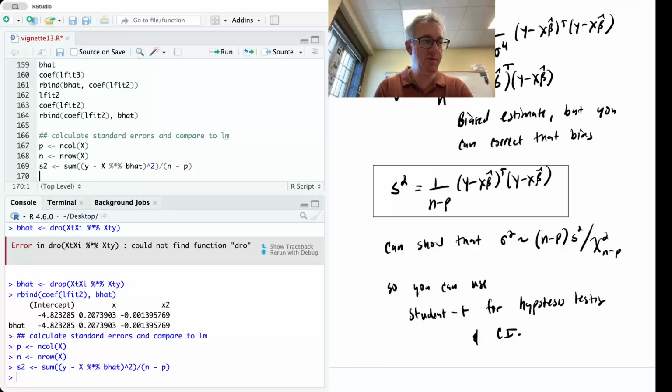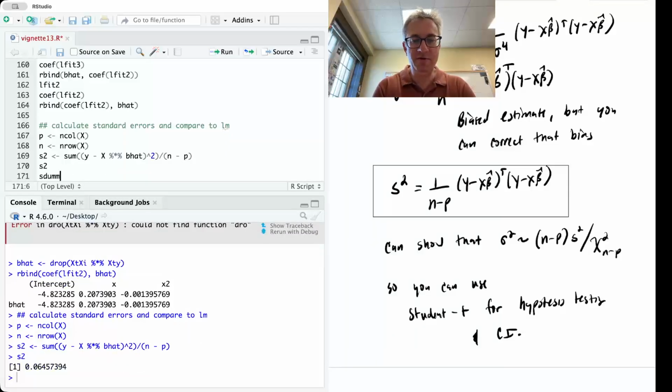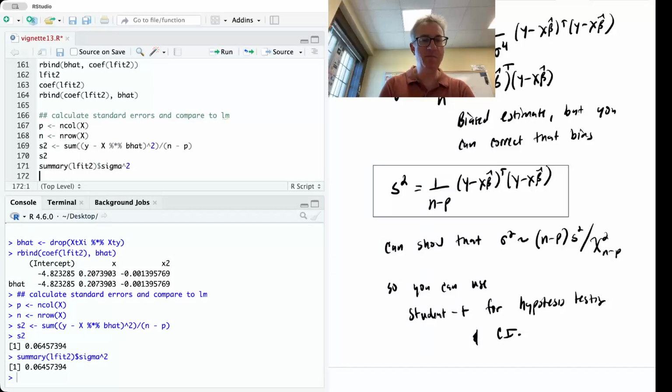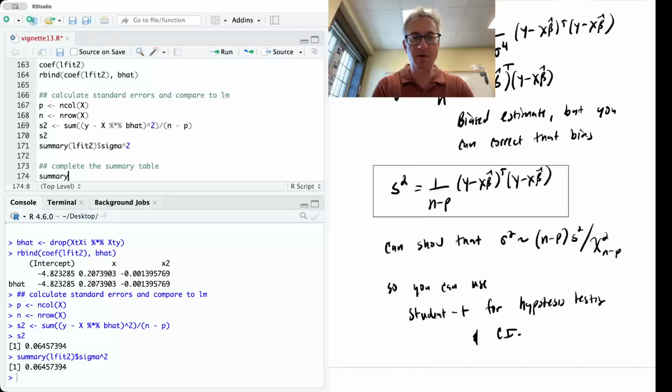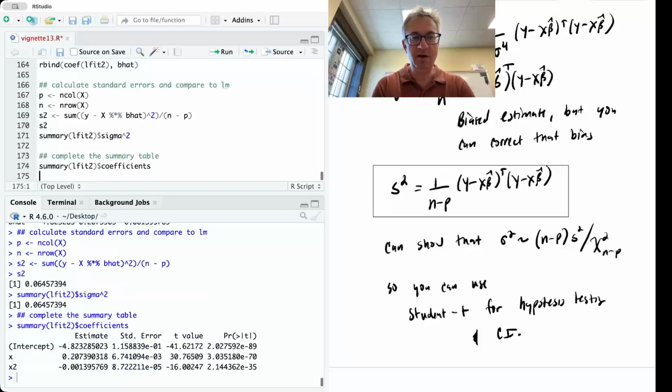Okay, so there's my estimate, and I can compare that to what we get from the summary command for L_fit2, but I gotta get the sigma. It gives me sigma and I gotta square it, so that should be exactly the same number. And it is. And then we'll complete the summary table. What do I mean by that? When I do summary LFIT2 coefficients, I get a table, and we've looked at that table before.